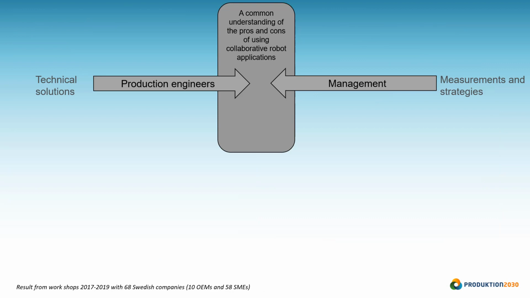In 2017 until 2019, I ran workshops with a total of 68 Swedish companies, 10 bigger companies and 58 SMEs, where we actually asked them what are the challenges that they see with collaborative robot applications, and what are the most common measures that they want to improve or have as a factor for changing the tasks.